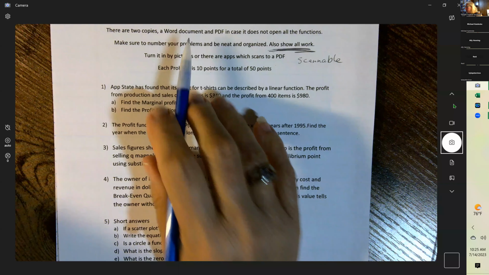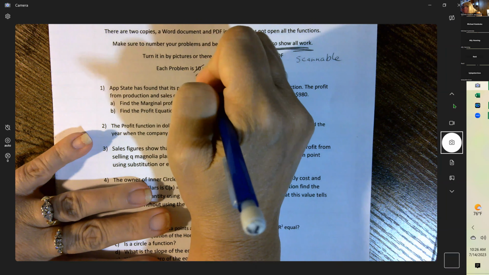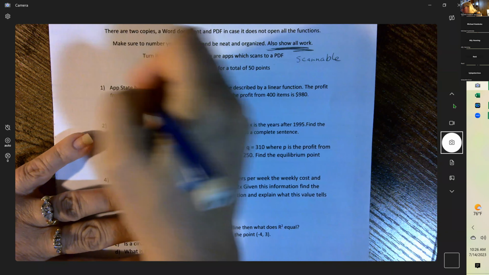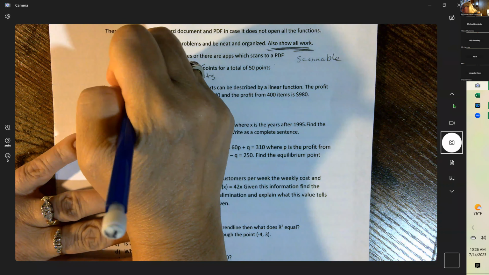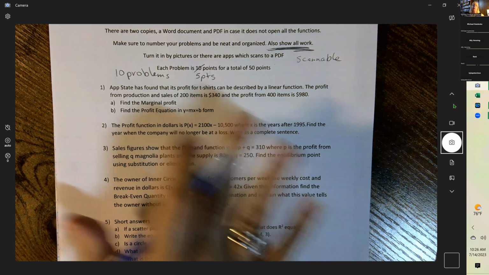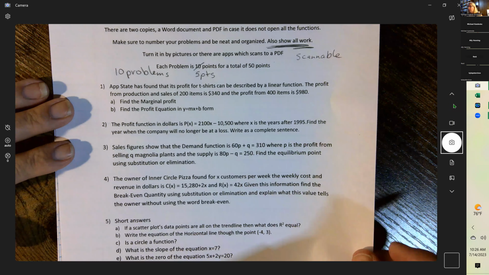Okay, so on yours, it's 5 points each for a total of 50 because there's 10 problems. But this is a great review. Any questions before we start it?